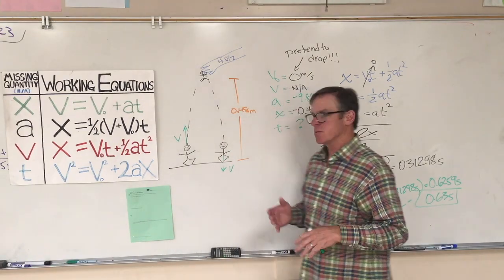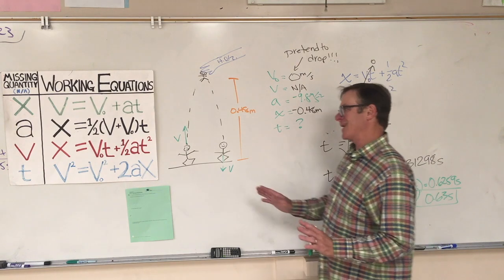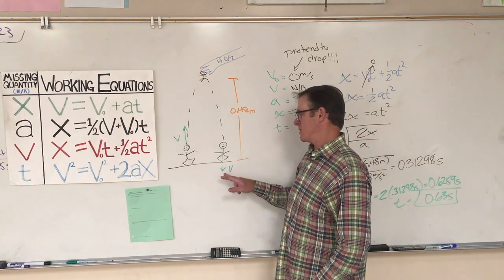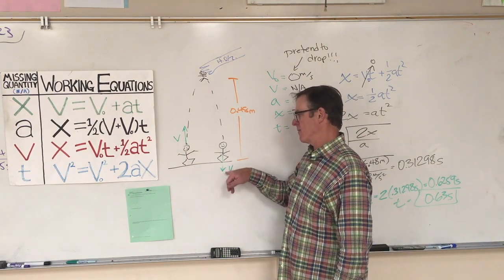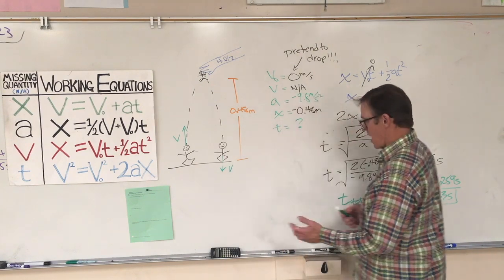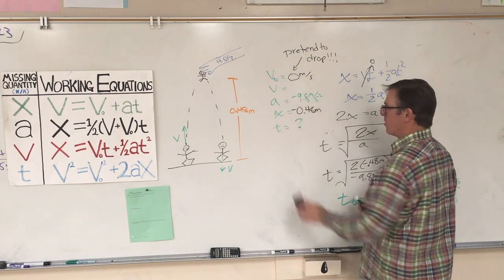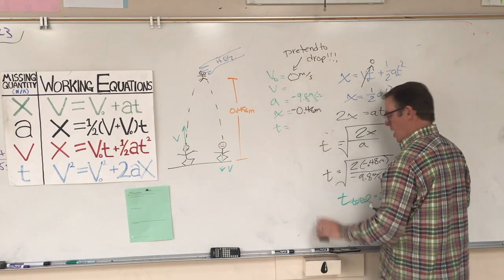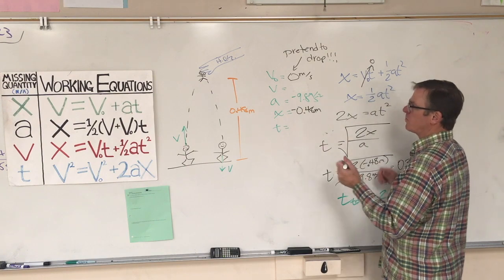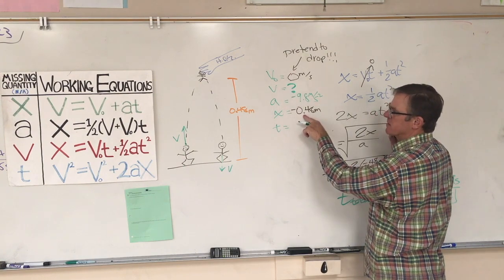The final question is, what was the child's speed when they left the floor? But again, that's the same number as the velocity they have when they hit the ground on the way down. So I'm going to drop this child again, but this time, instead of calling the final velocity not applicable, I'm going to ask what is the final velocity after they've fallen this distance.